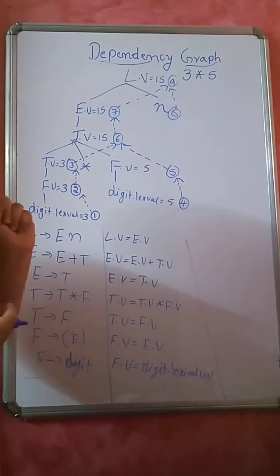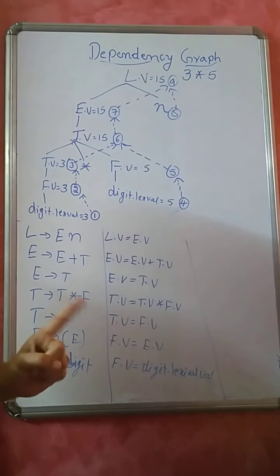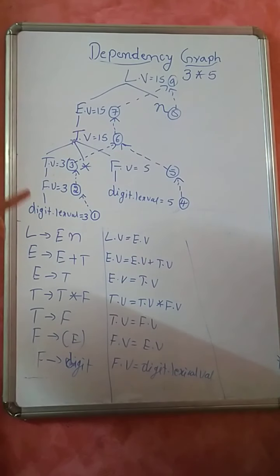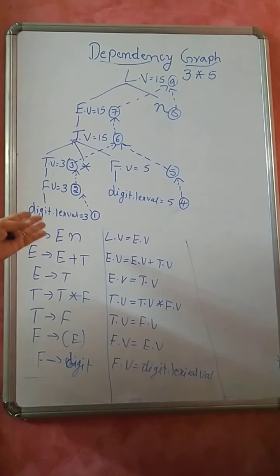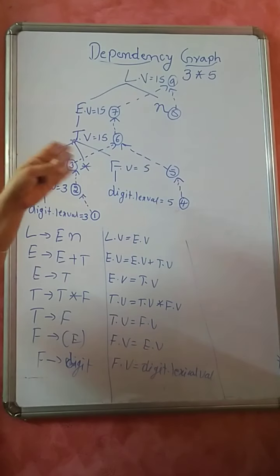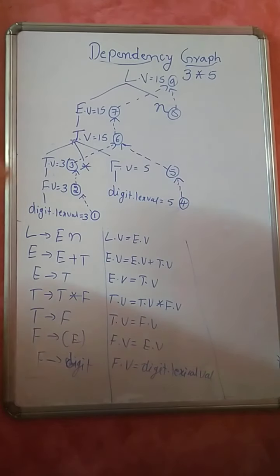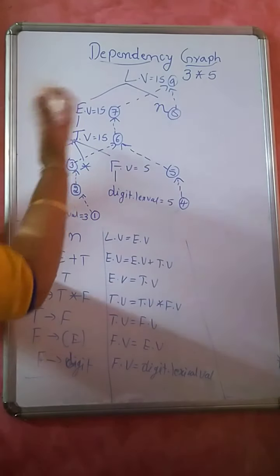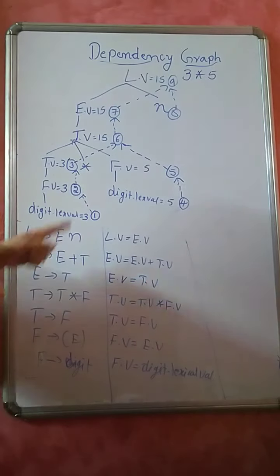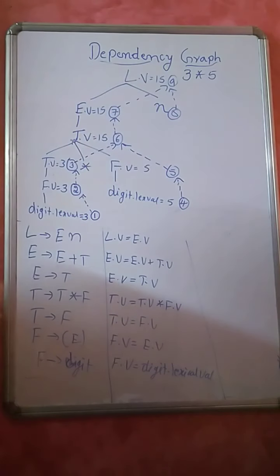Usually, whenever they ask you to write the dependency graph, you take a solid line for the dependency graph and a dotted line for the annotated parse tree. I have taken it in reverse order, but in the notes which I have provided to you, the dependency graph itself is in solid line, because the main question is on the dependency graph. So this represents the dependency graph.